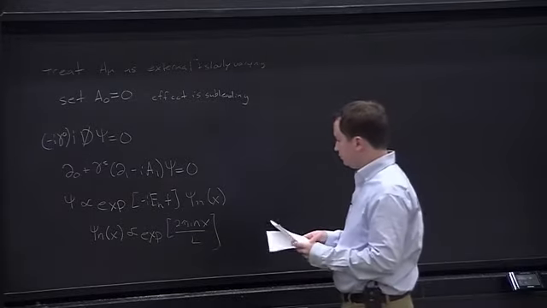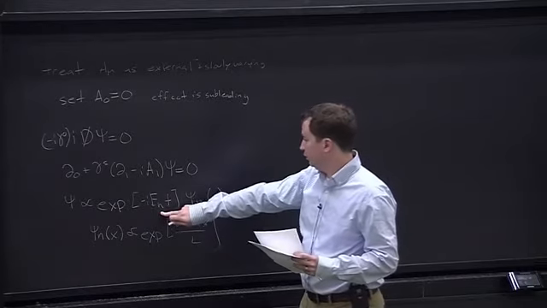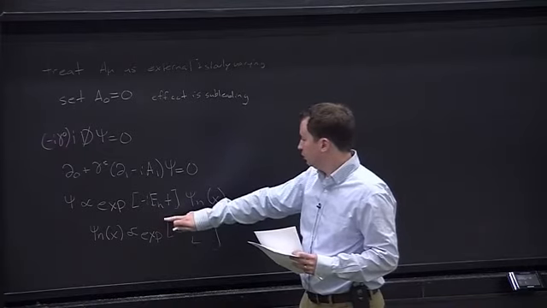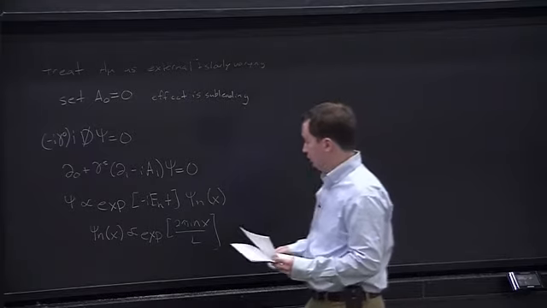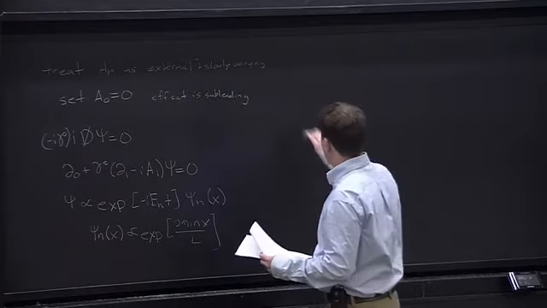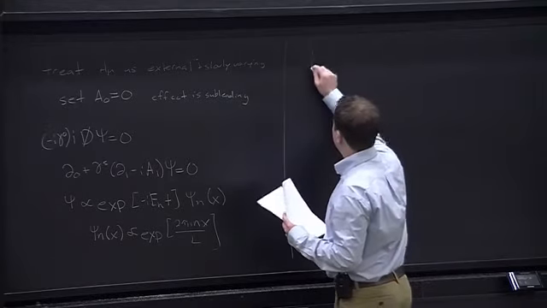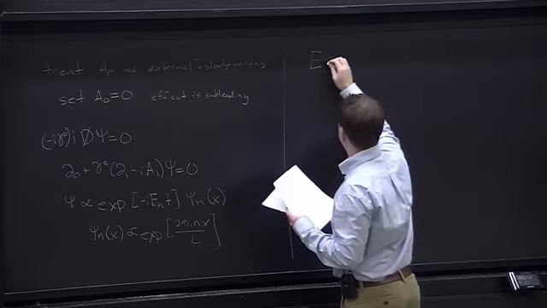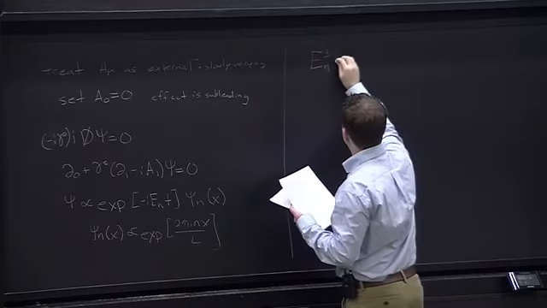And it's straightforward just to plug this into the Dirac equation and solve for the energies. So we'll have different energies for the psi plus and psi minus, which we can just denote as E plus and E minus.